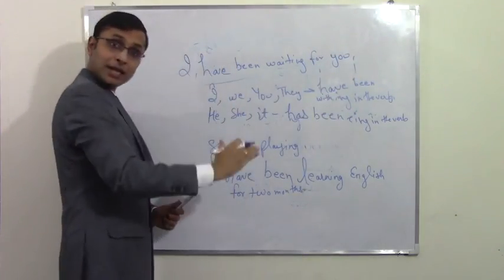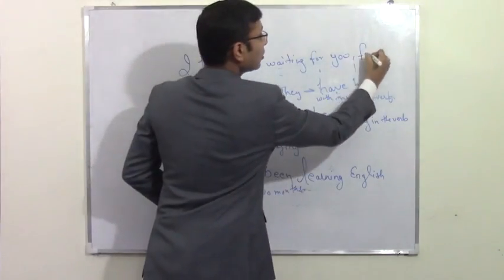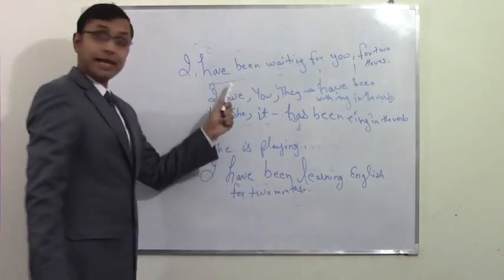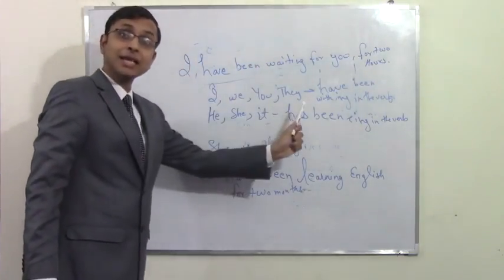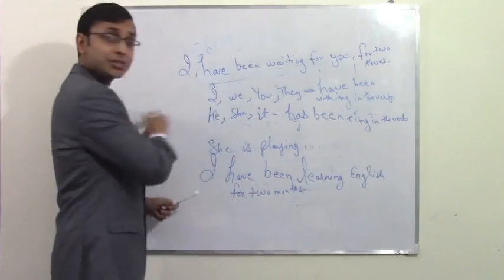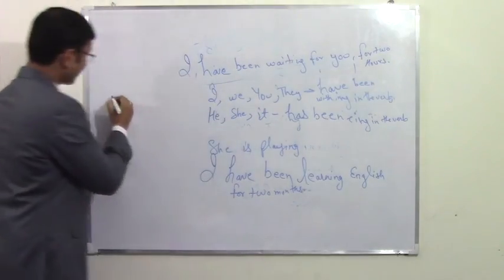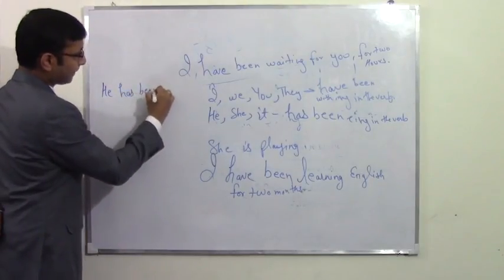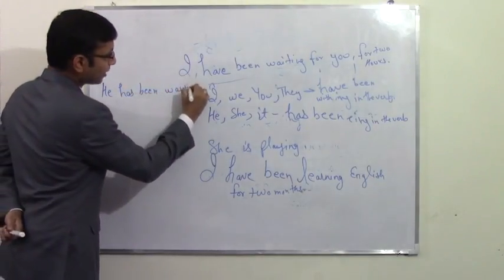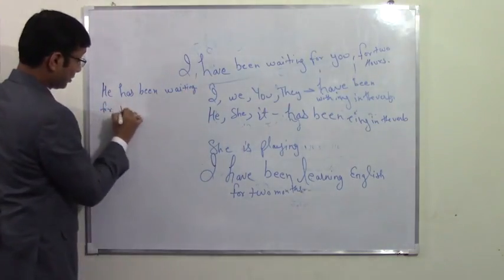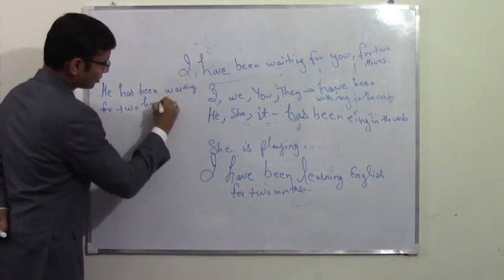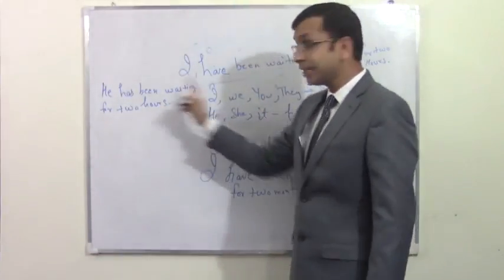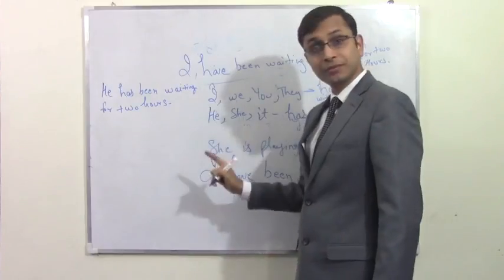I've been waiting for you. मैं तुम्हारा इंतजार कर रहा हूं for 2 hours. So we just added have been plus ing in the verb. और अगर I की जगह हमारा he होता, then we would have written he has been waiting for 2 hours. वो 2 घंटे से इंतजार कर रहा है. Similarly, she has been waiting for 2 hours. I have been waiting for 2 hours.